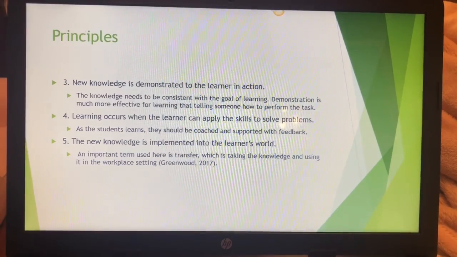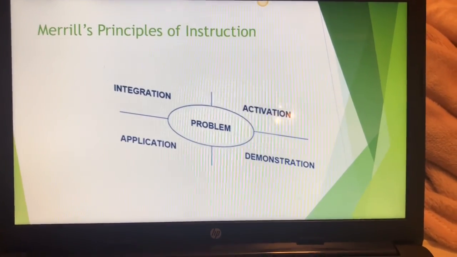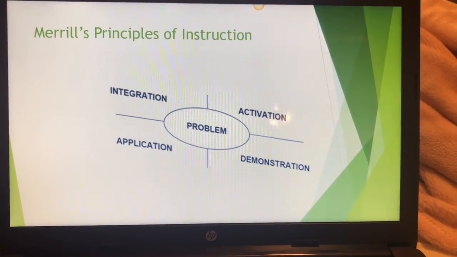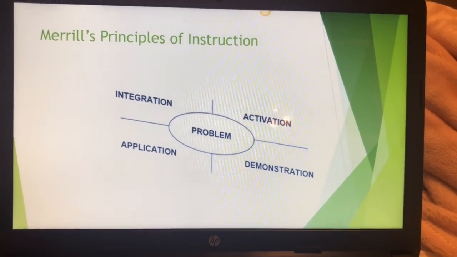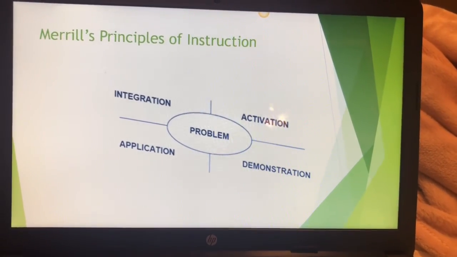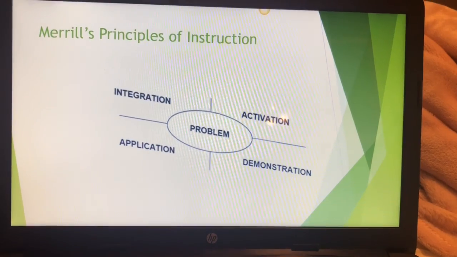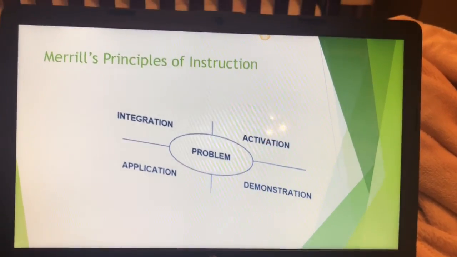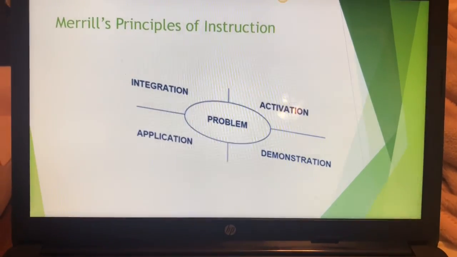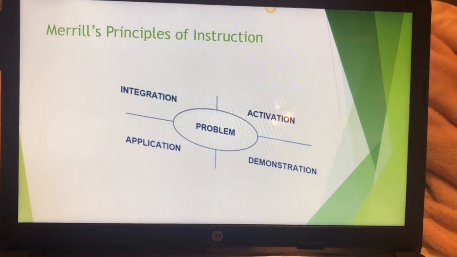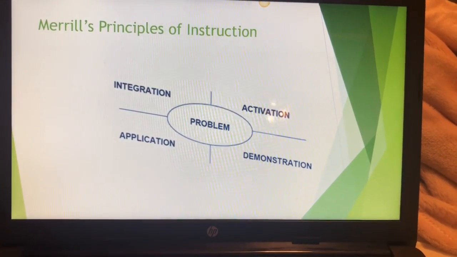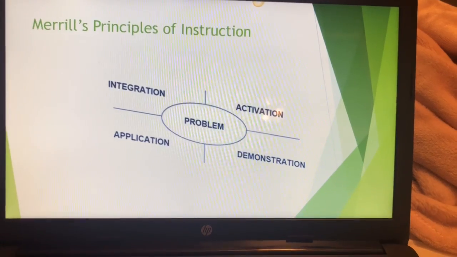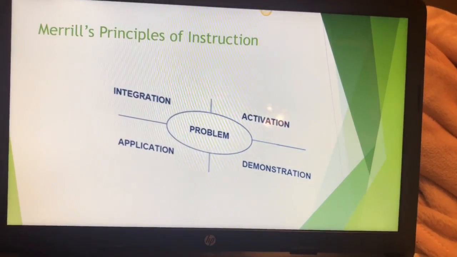As an image that indicates Merrill's principles of instruction, I use this one, where we have the problem in the center, which is maybe not performing the task at hand correctly, and then we use integration, applying, activating, and demonstrating it.